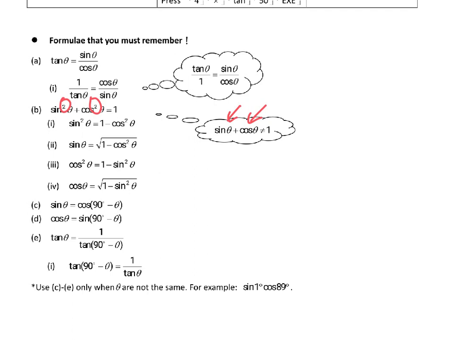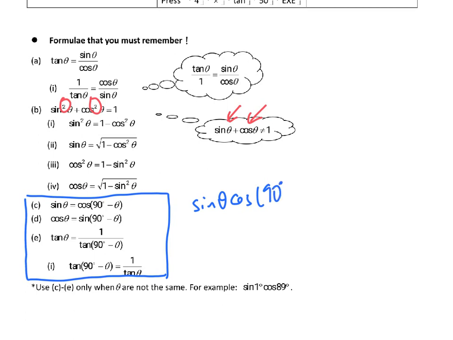The second thing that I want to remind you is how to use or when to use formula C to E. So for example, if the question is like this, sine theta times cosine 90 degree minus theta, very obvious, then you should know to use the formula. And then another kind of question that you need to use formula C to E is like this.